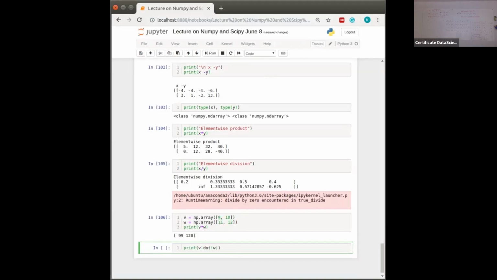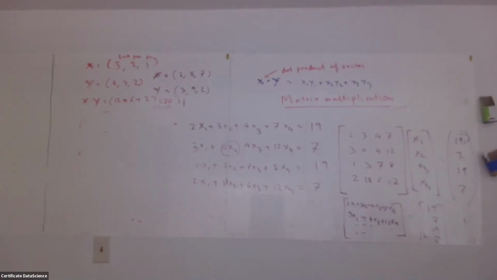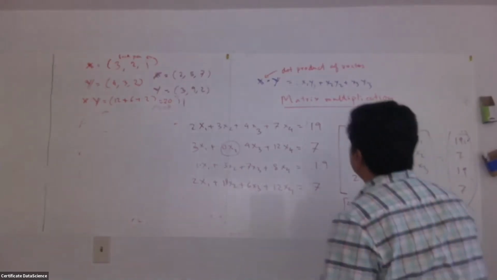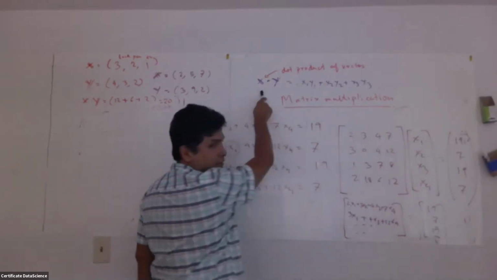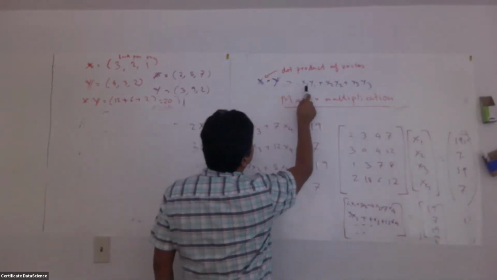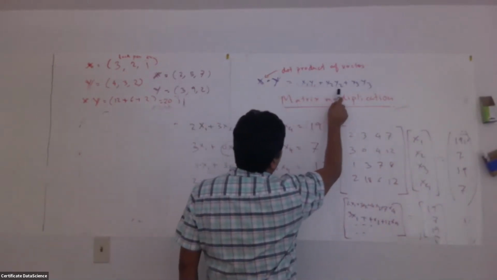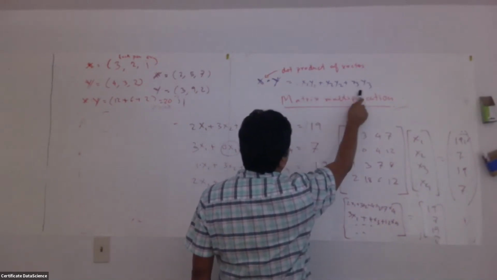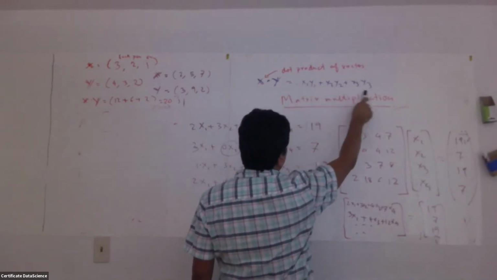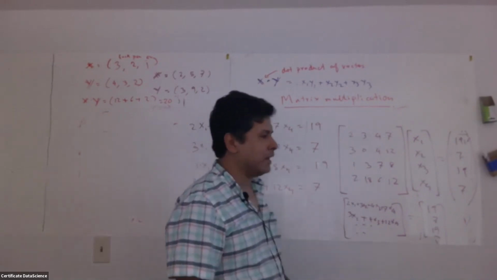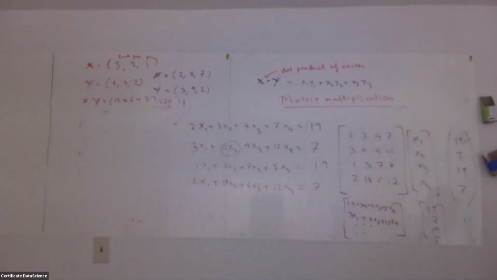According to our dot product definition, look at the screen. Here, you take element by element, multiply, and add them. It's not a vector anymore. It's just a number. And this is the dot product you are going to see here.